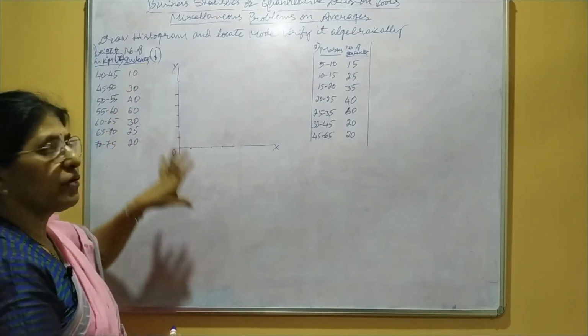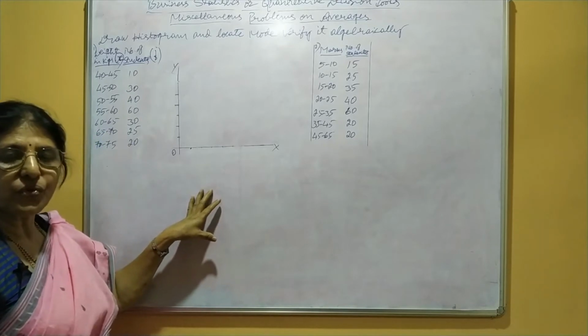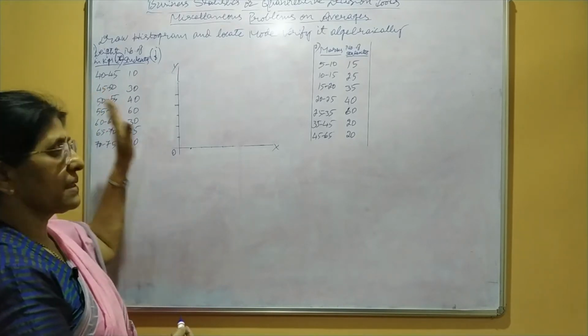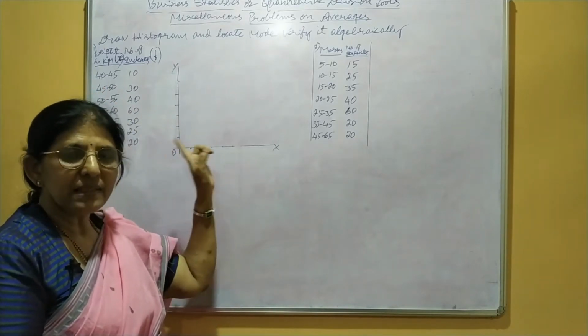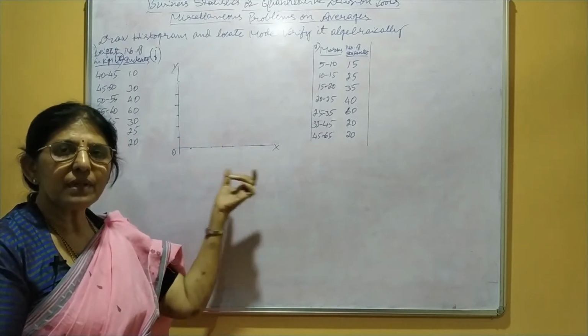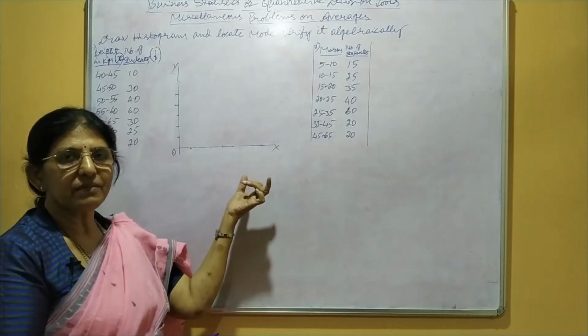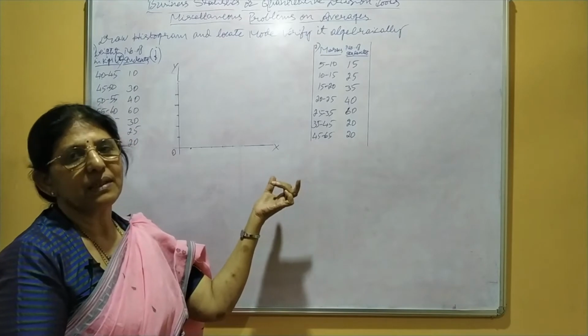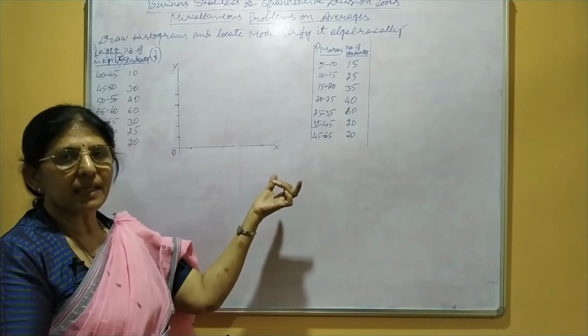For this, we have to decide the scale. Usually, whatever the size of class interval, here class interval will be common. Therefore, the size of class interval itself is the scale for x-axis.